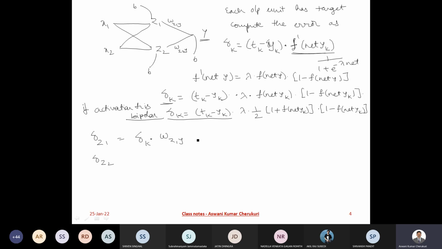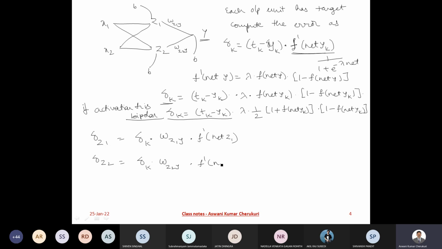Okay, are you able to follow? Yes, sir. So similarly, this is del k into wz2y. The error is getting propagated, and f dash of your net z1, that means the output from z1.